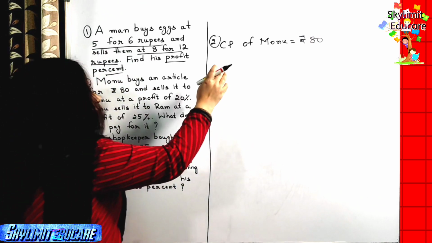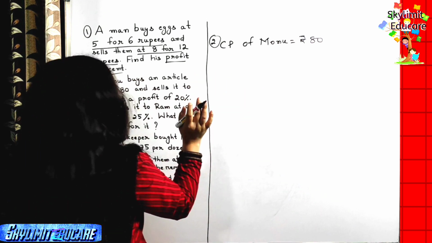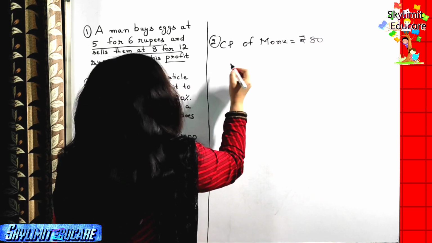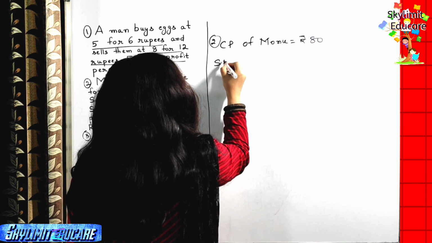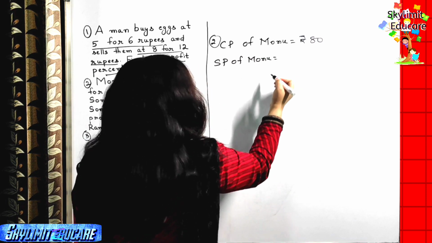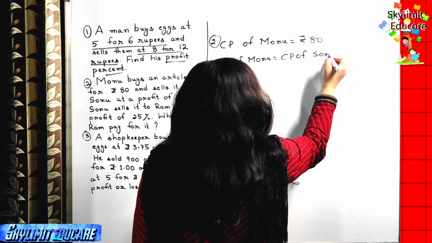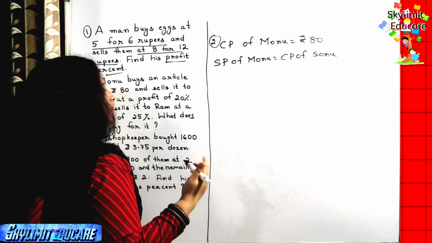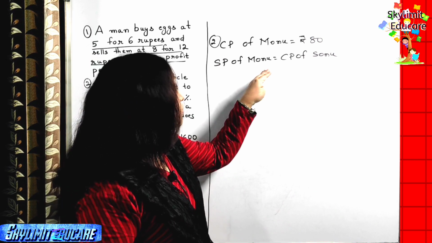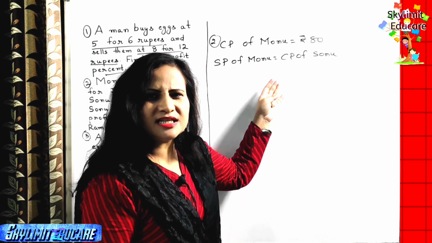So now Monu purchased the article and he sells it to Sonu. So we can say that the selling price of Monu is equal to the cost price of Sonu. I think we are correct. Yes or no? The price at which Monu sold the article is Monu's selling price, but the price at which Sonu purchased the article is Sonu's cost price.